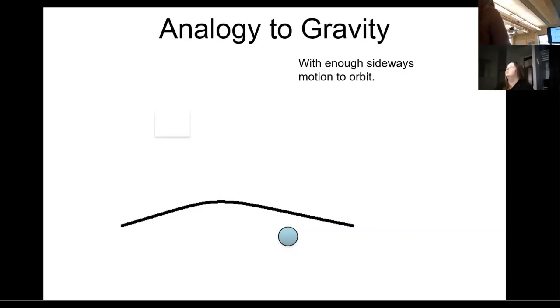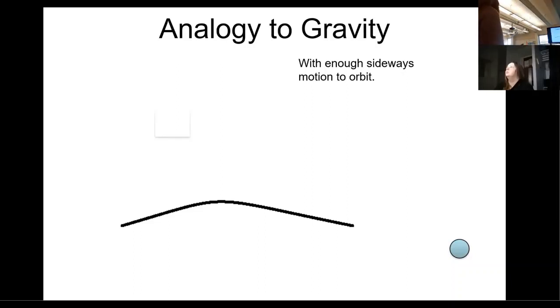The moon doesn't crash into the Earth because it's traveling sideways, and it's also falling towards the Earth, but by the time it falls enough that it would get to the surface of the Earth, the curve of the Earth has dropped off. Okay, so this is where we have the scenario where the ball just goes past the end of wherever the curvature is.